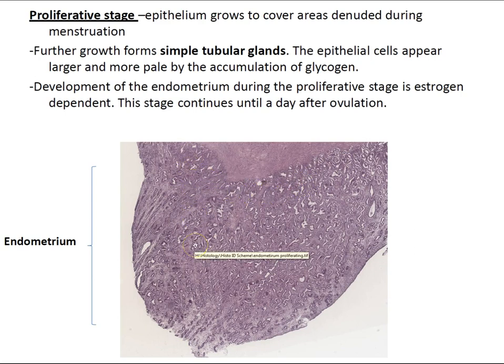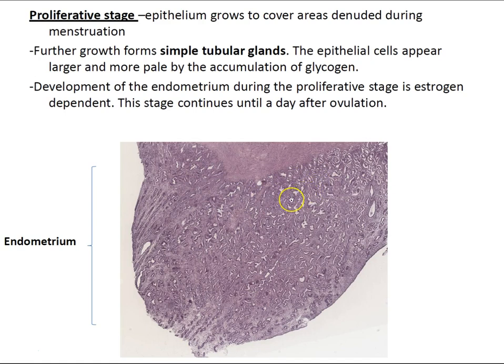Now, the cycle normally repeats every 28 days, and during that, the proliferative phase occurs concurrently with follicular maturation and is under the control of estrogens. Now, the epithelial cells in the basal layer of the endometrium proliferate rapidly and cover the area which is denuded during menstruation.